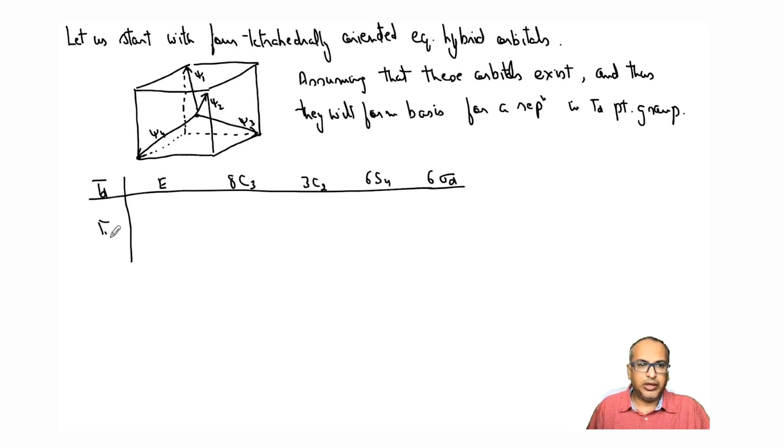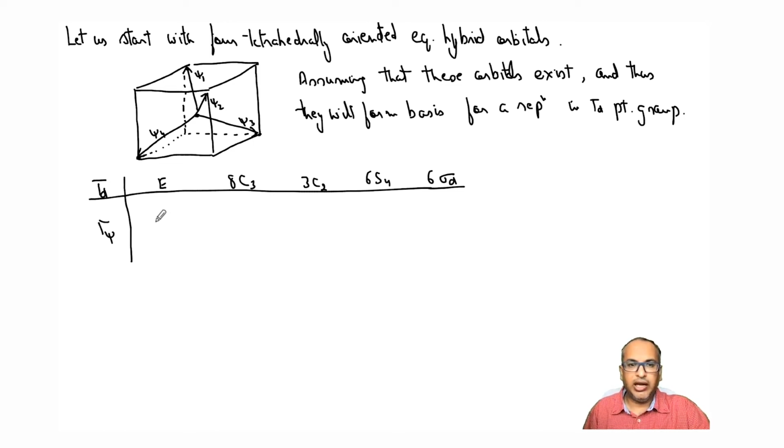Now tau for psi1, psi2, psi3, psi4. Now we will use the same rule where we'll say that upon carrying out a symmetry operation, if none of these change, then they will contribute to the trace. If any of these will change, then it will not contribute towards the trace.